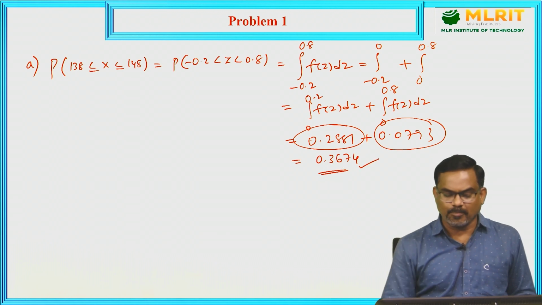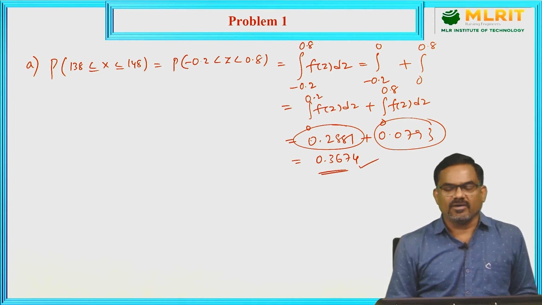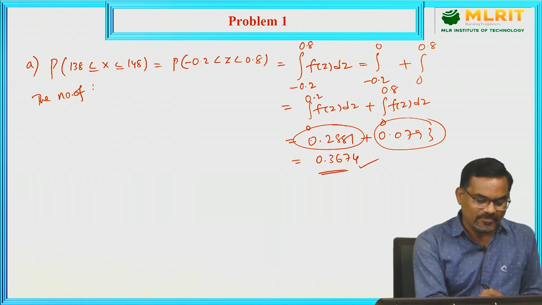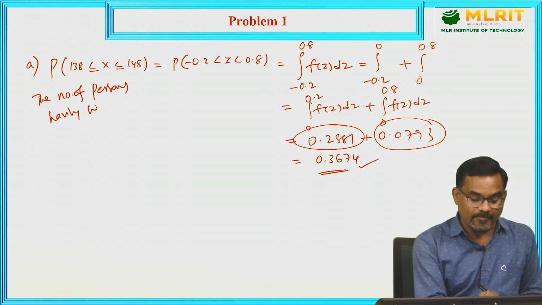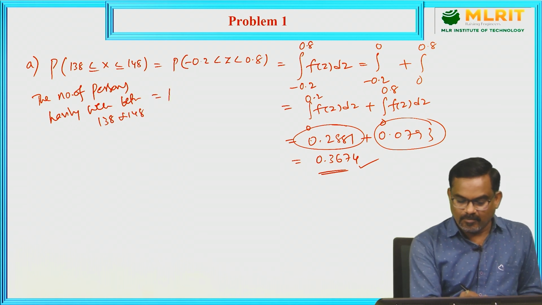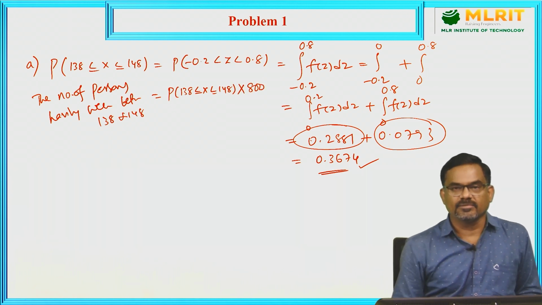So, this is the probability of a person's weight lying between 138 and 148 pounds. But we are required to find the number of persons having weight between 138 and 148, which is given by the probability of 138 less than x less than or equal to 148 multiplied by the total number of persons.